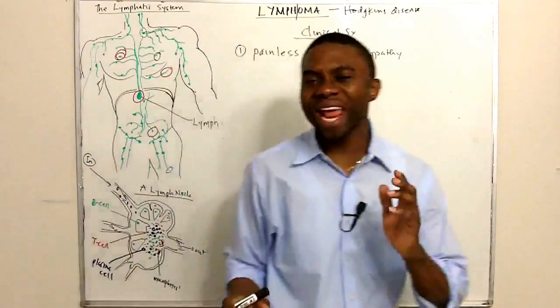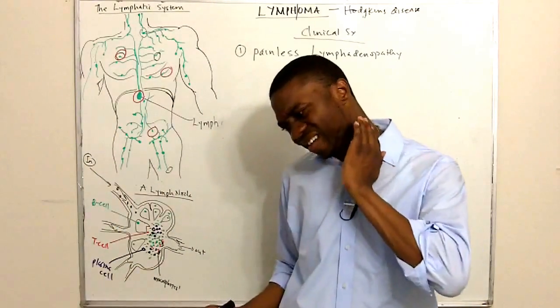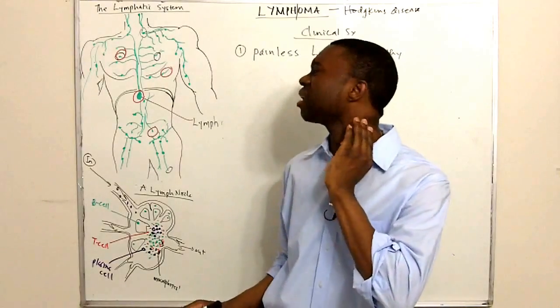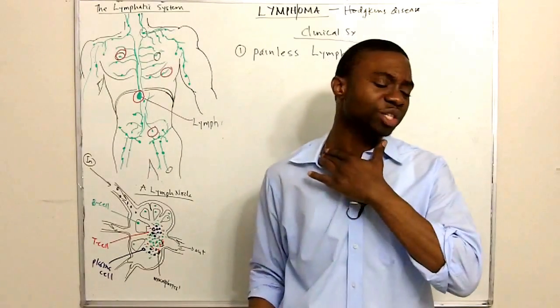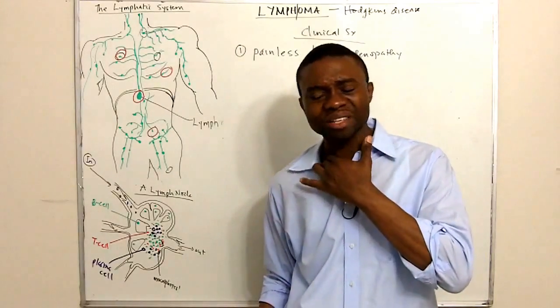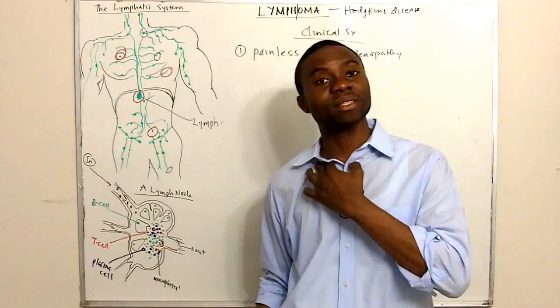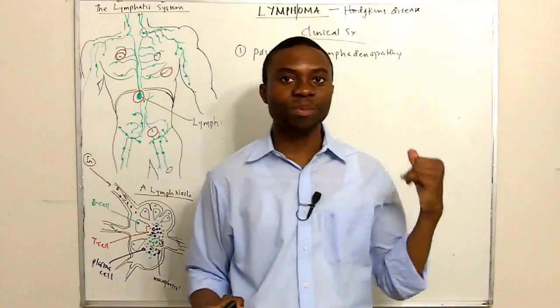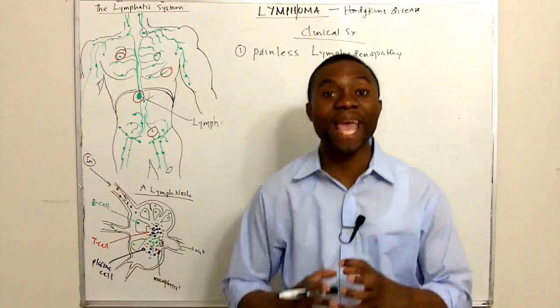They have no pain. They just say, "Doc, I have this huge bubble right in my neck. I've been feeling this huge nodule right here, and it's been getting bigger and bigger in the last few weeks. I don't know what it is." That's the lymph node getting swollen, but it doesn't hurt. That's why it's painless lymphadenopathy, because it's a cancer, right?